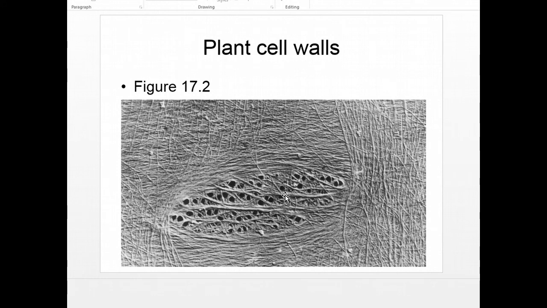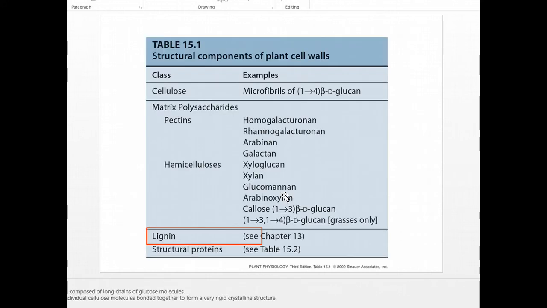Now, what else is there? We have cellulose. We have these things called matrix polysaccharides, which are mostly pectins and hemicelluloses. Anybody ever heard of pectin? What do you use pectin for? Jelly.